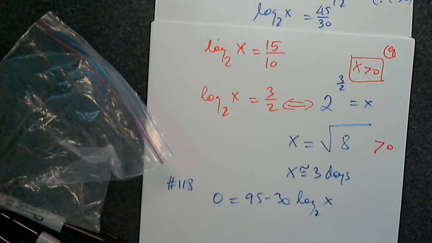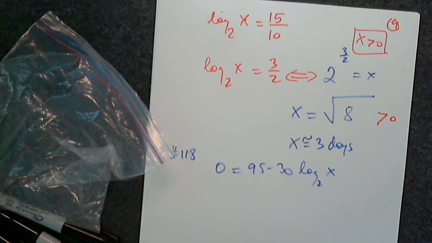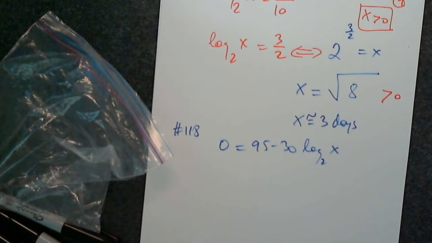We know what type of equation this is. It's log, and we want to determine, based on this model, after how many days nobody remembers the important features or lecture topics.